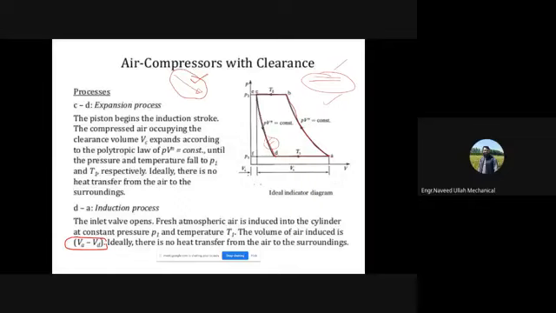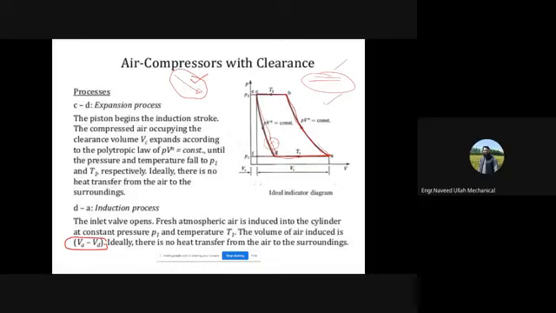This is the same look here. Initially it starts induction from here, okay, then this is a compression process. B to C is the delivery process, and C to D is the expansion process, and again this is induction, compression, delivery, and expansion process.